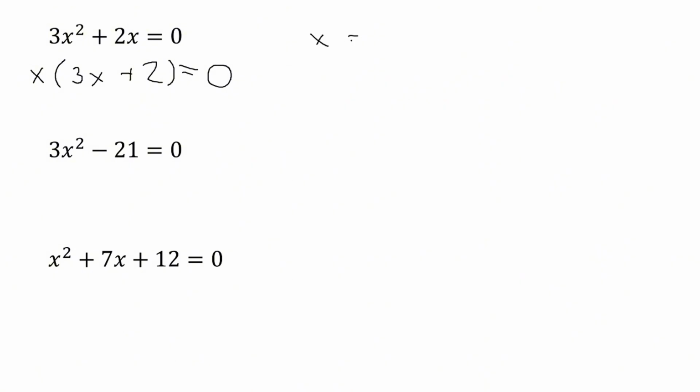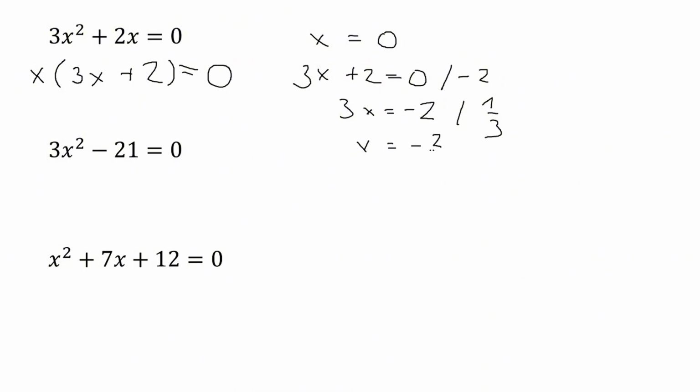So our first solution will be that x is equal to 0, and our second solution will be 3x plus 2 is equal to 0. Subtract 2 from both sides, so that's 3x is equal to negative 2, times 1/3, and x is equal to negative 2 over 3. So that'll be our second solution.